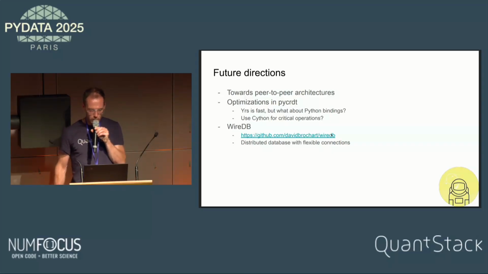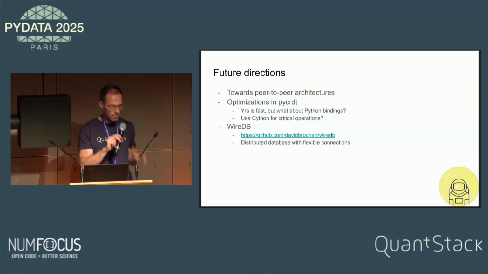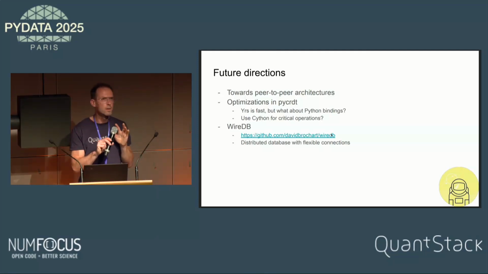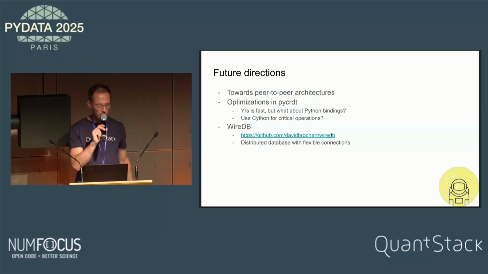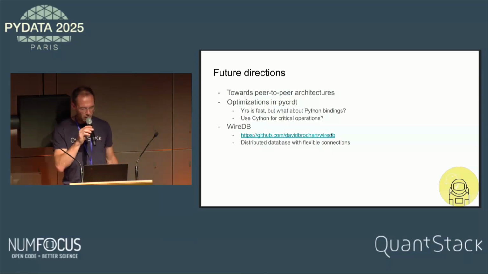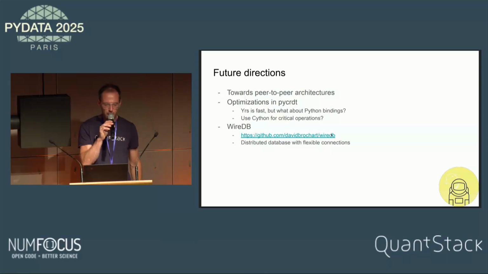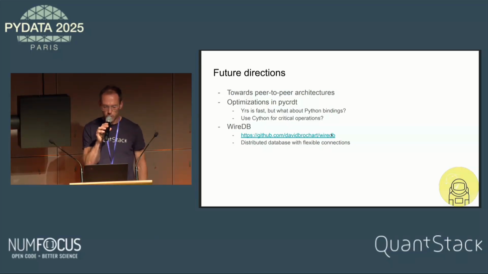Here are some future directions to try to improve this situation. Exploring more peer-to-peer architectures, as we've seen, there is not only the line topology.